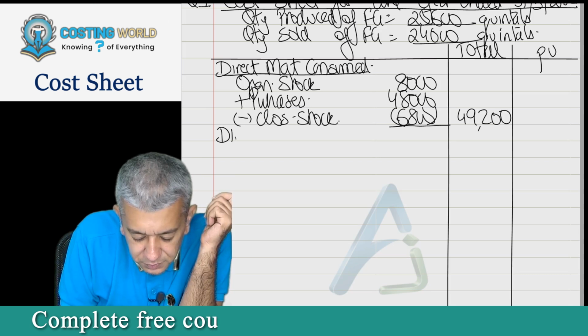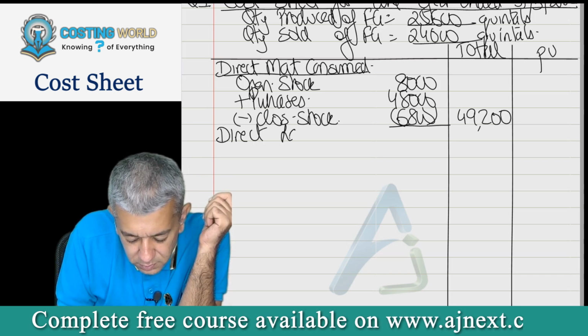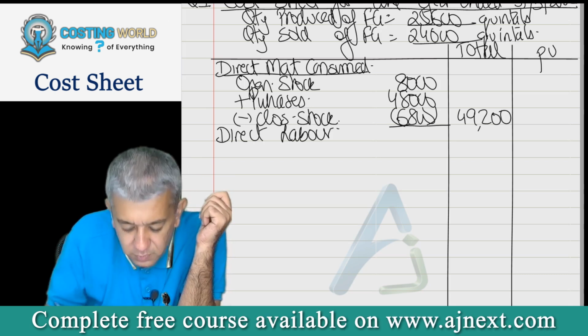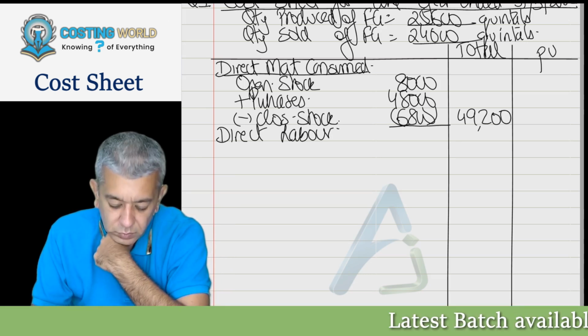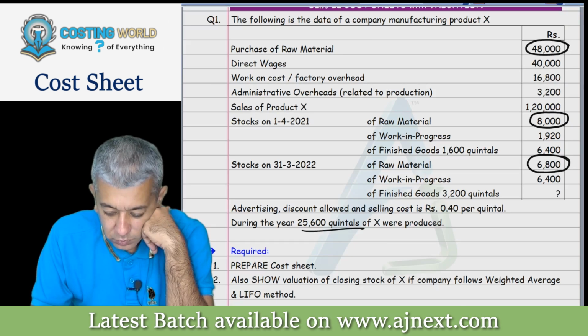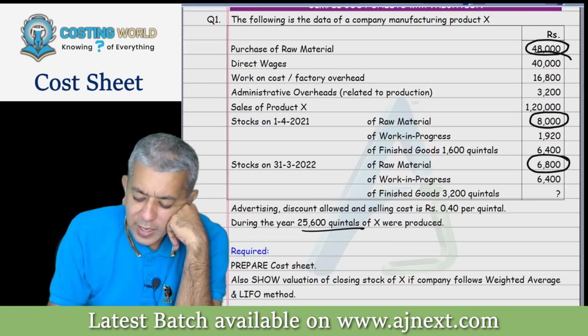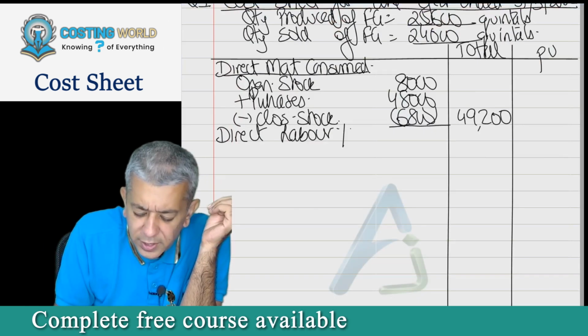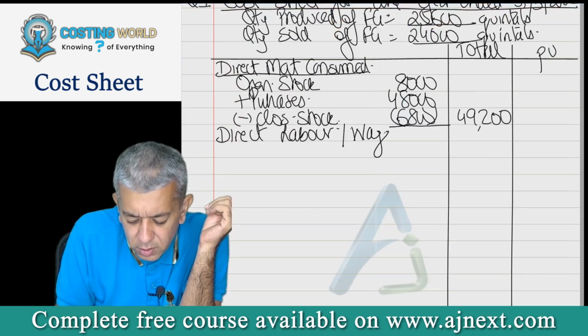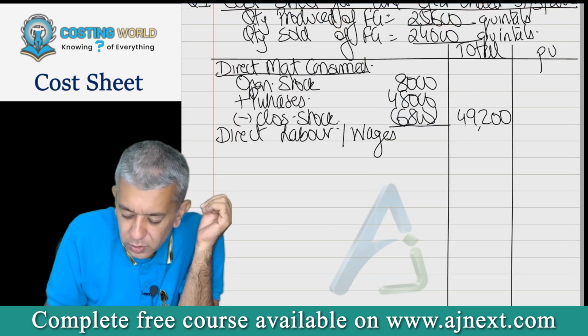Further, direct labor. Direct labor means direct wages. These are alternate names only. You all can write down over here if you want. So that's 40,000.